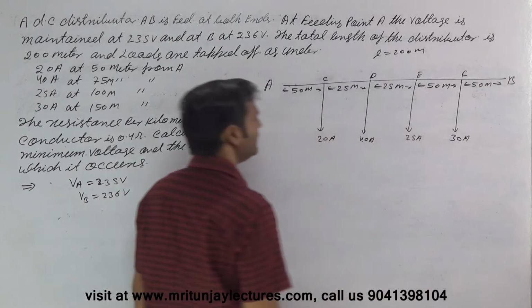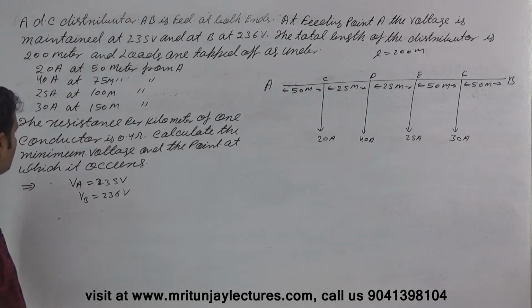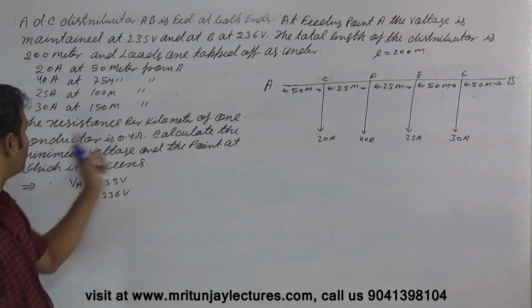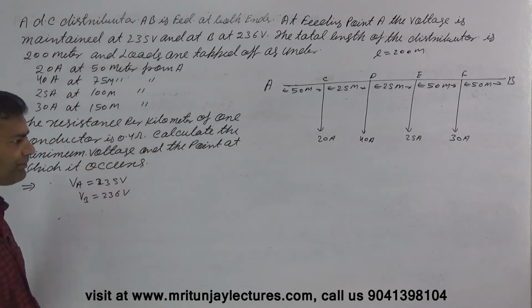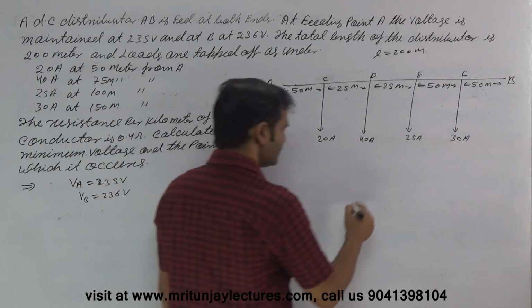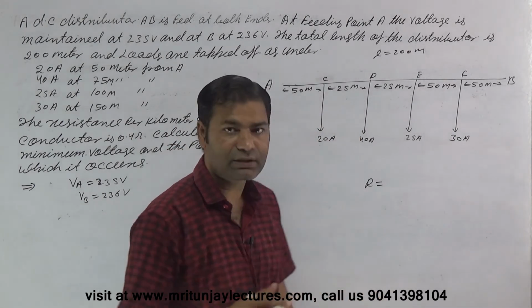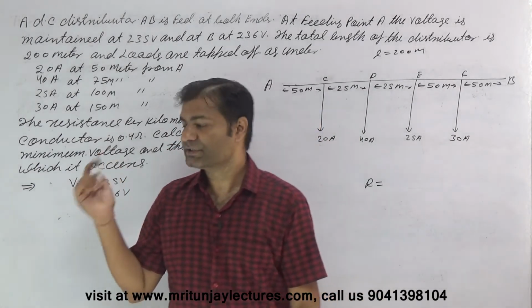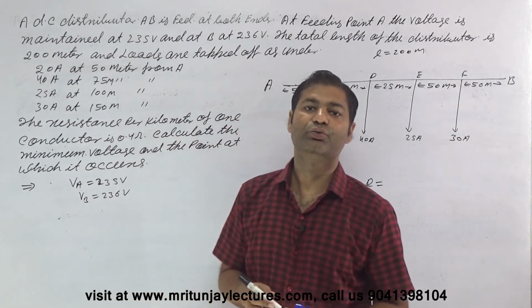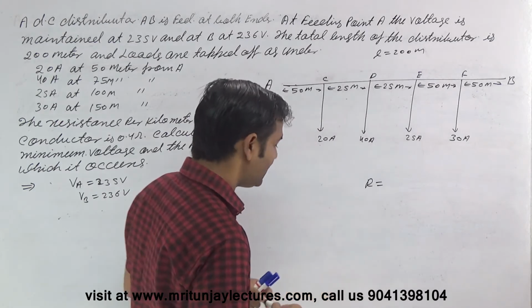Now the resistance per kilometer of one conductor is 0.4. This is for one conductor only, but our line is a two wire DC transmission line, a 2 wire DC system.